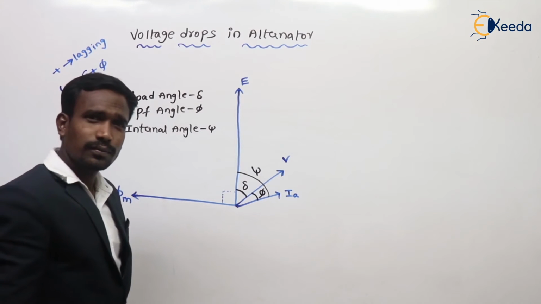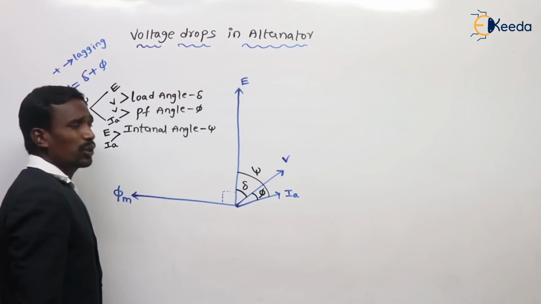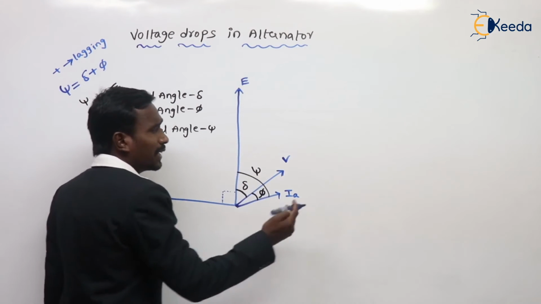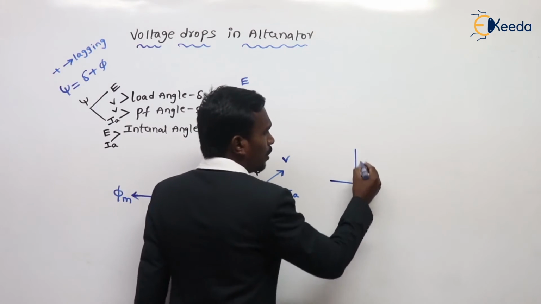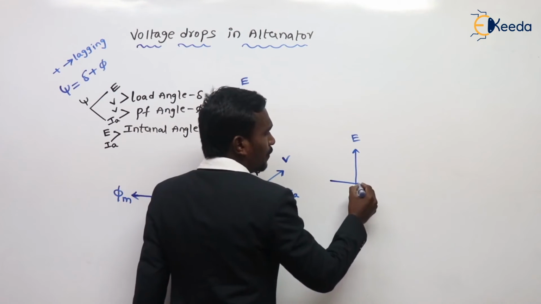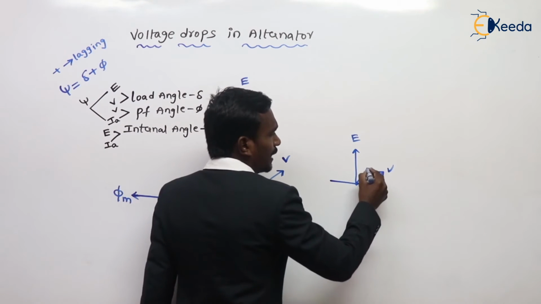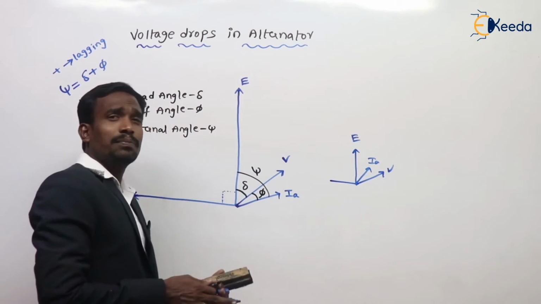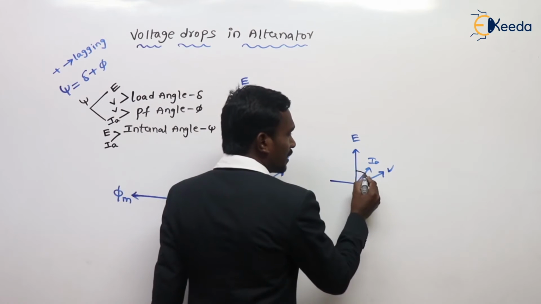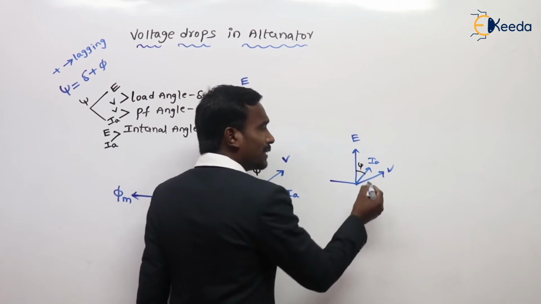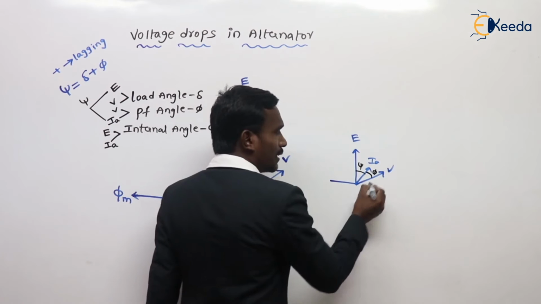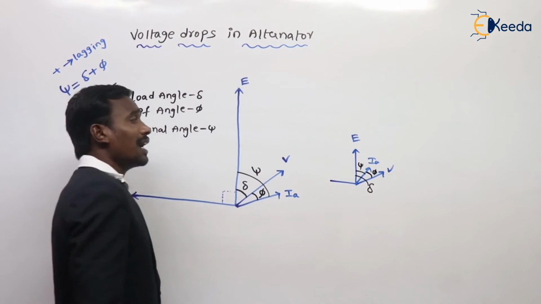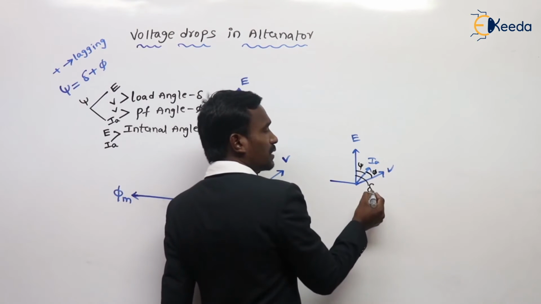For example, it is a leading load. When it is a leading load, the armature current is here. Actually this is EMF and this is V. If it is a leading load, this is my armature current. Now tell me, where is my psi? The psi is nothing but this one. And the angle between voltage and the current is phi, and this angle is delta, because the angle between voltage and EMF is delta.